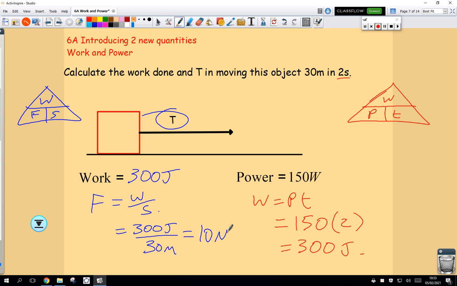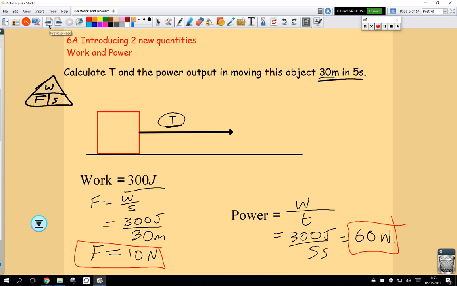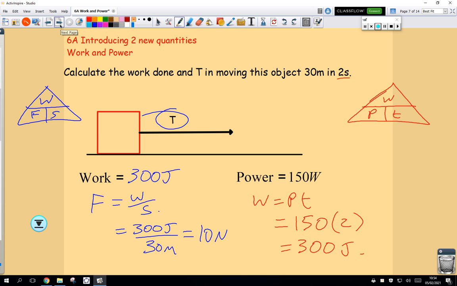Okay. Note, in these two examples, we applied a force of 10 newtons in moving an object 30 meters, so the work was 300.